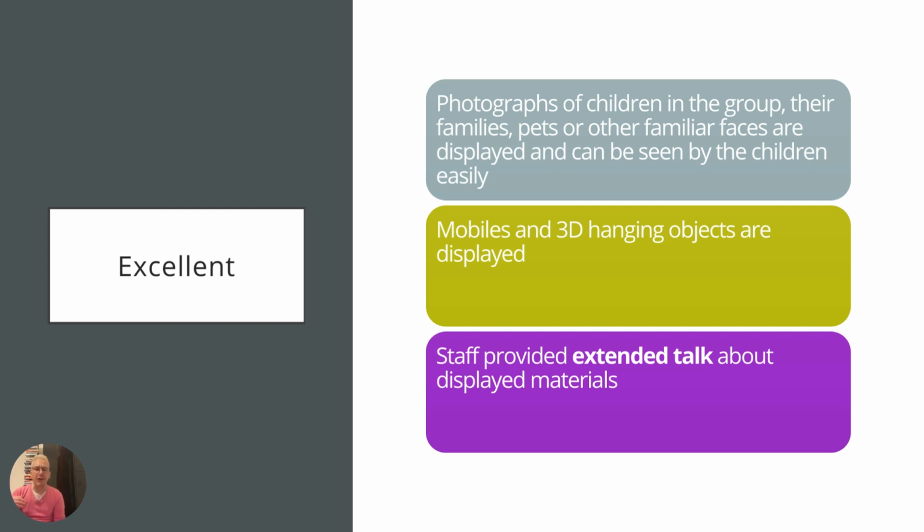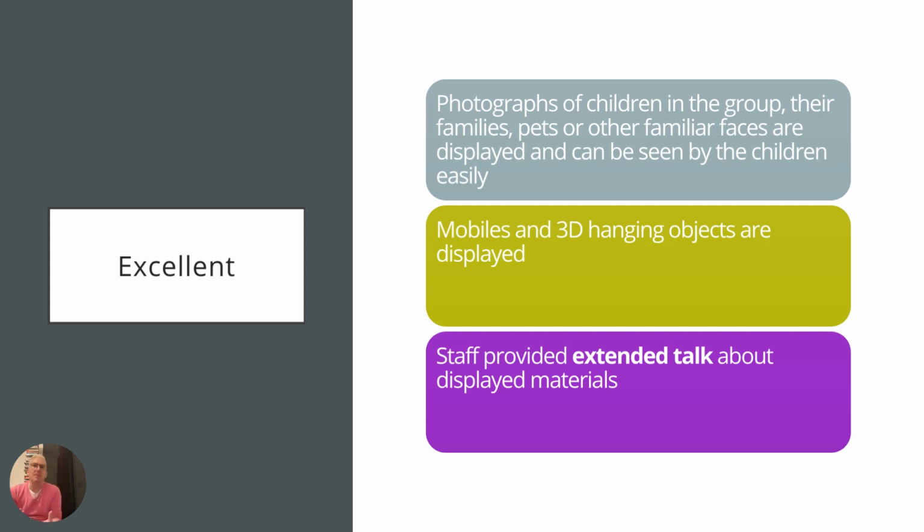And then the third thing to get an excellent rating within this scale would be that staff provide extended talk about the display material. So not just pointing things out, but extend and develop conversations and talking about the things that are displayed.